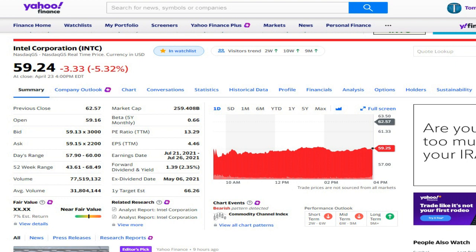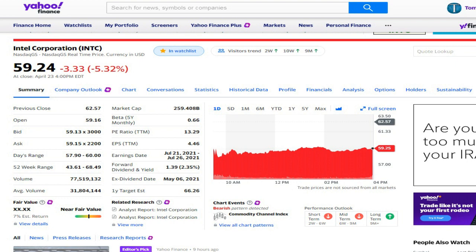We're going to begin by taking a look at a Yahoo page for Intel Corporation, and all these numbers are as of the closing on Friday, April 23rd of 2021. We'll begin with the upper left-hand corner: Intel Corporation, and in parentheses INTC. That's the symbol.